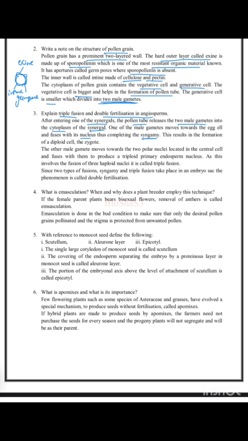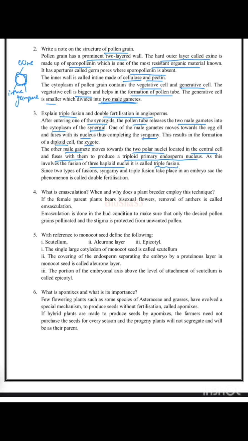This results in the formation of a diploid cell called a zygote. The other male gamete moves towards the 2 polar nuclei located in the central cell and fuses with them to produce a triploid primary endosperm nucleus. As this involves the fusion of 3 haploid nuclei, it is called triple fusion.